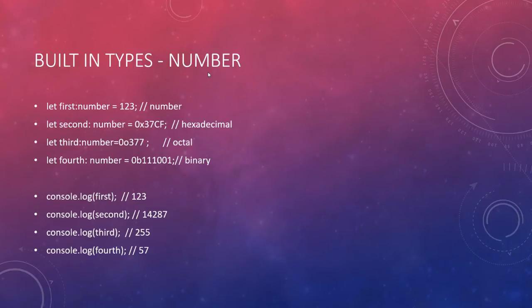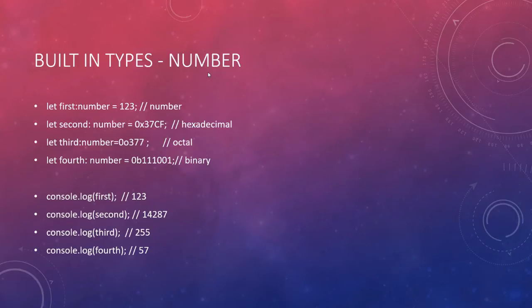In this slide, you can see we have declared a first variable, which is a number equal to 123, which stores a positive integer. Then we have declared a second variable, also a number, as 0x37cf, which stores a hexadecimal number, equivalent to 14287.